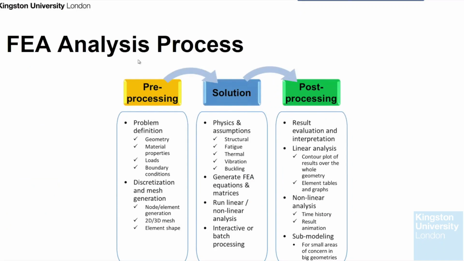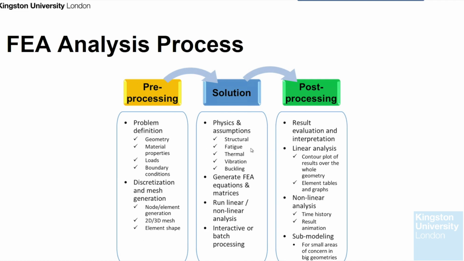You have the pre-processing, solution, and post-processing. In the pre-processing, you need to define the geometry. This is the first step we've done. We import the part, material properties, we define the materials. And now I need to put the load and a condition with that. Also, we discretize the model as well. So we've done the meshing for it based on the structure we have.